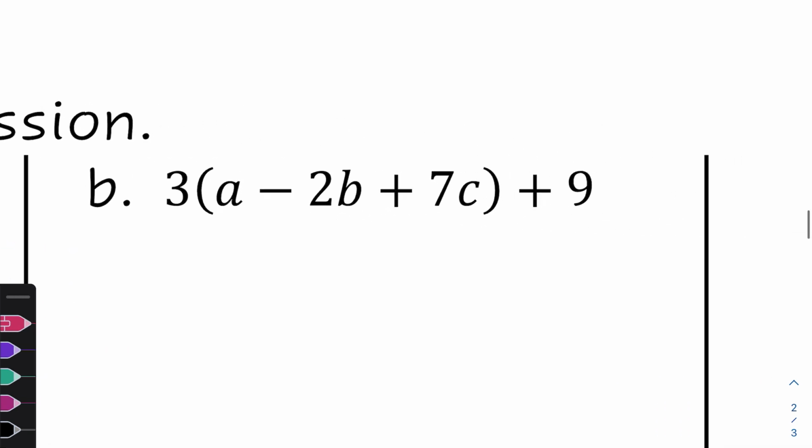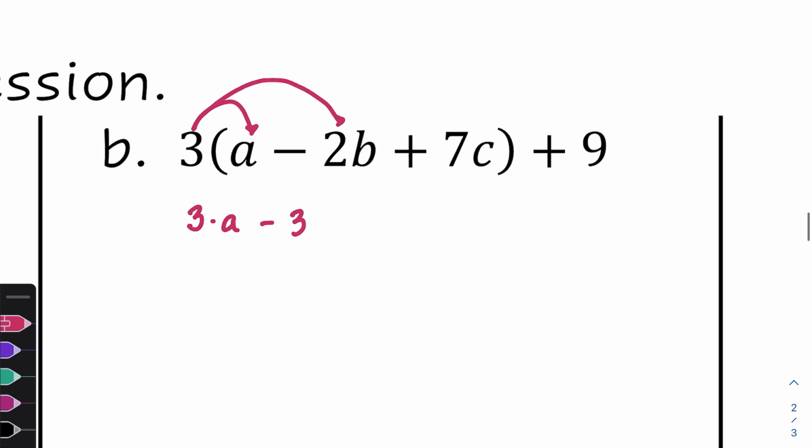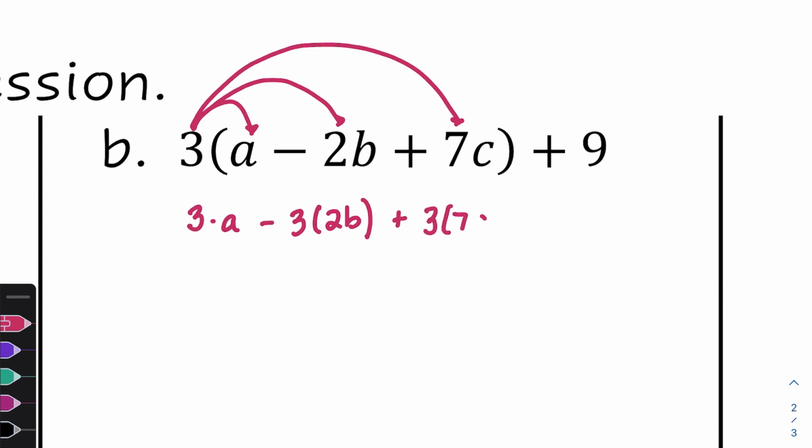For another one, we're going to up the ante a little bit each time. For this one, we are going to take 3 times a, minus 3 times our 2b, plus 3 times our 7c. And now we need to decide, should I multiply the 3 by the 9?